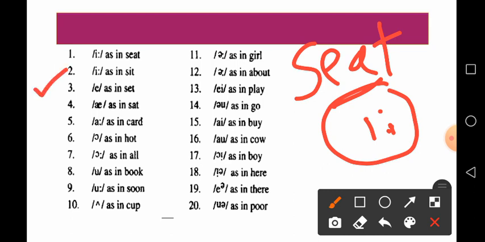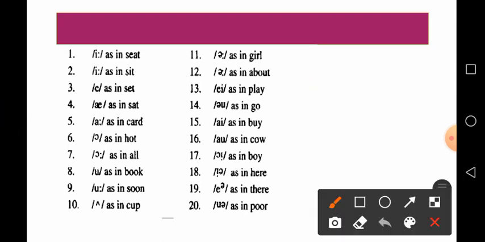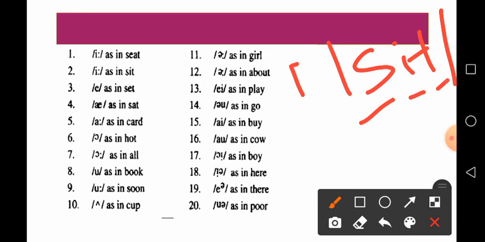In the second example, sit, you can see this is written like E. Here there is no colon, we just write E. In the word sit, we write S, E and T. When it is sit, we pronounce sit. When it is seat, we pronounce it with a little stress. When a word is pronounced with a little stress, this is called a long vowel.